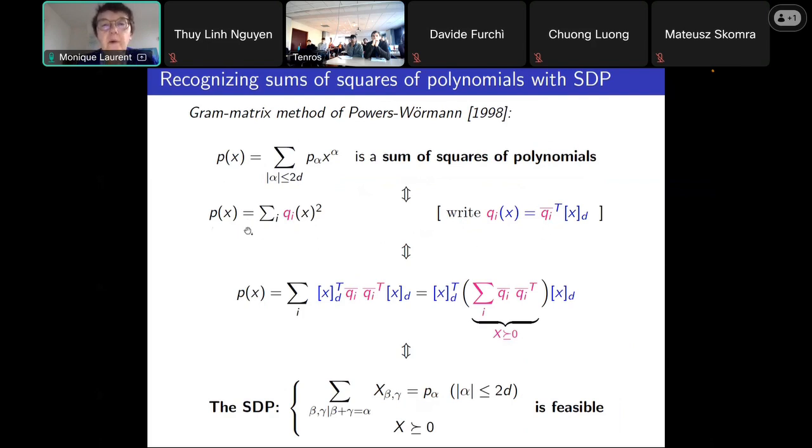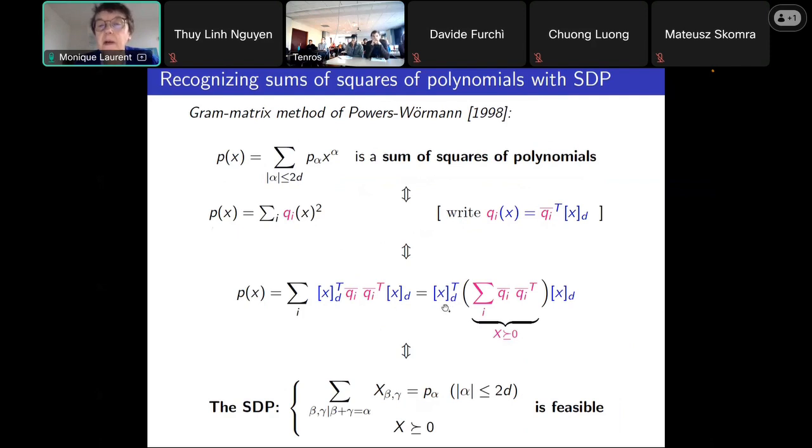So now let's take up this line here, that P is the sum of Q_i squared. I rewrite Q_i squared in this form. So here is Q_i of X written as the inner product of the vector of monomials and the vector of coefficients. And here is the same number again, but putting first the vector of coefficients and second the vector of monomials.